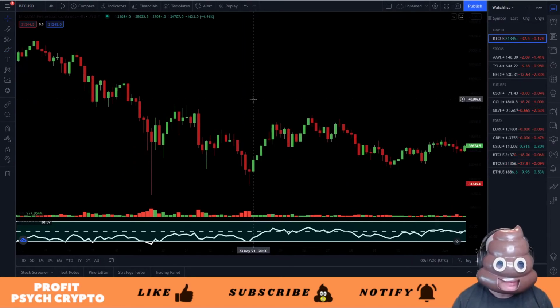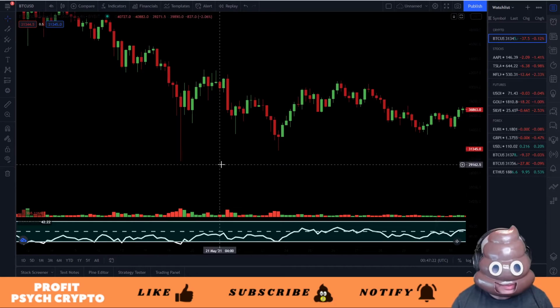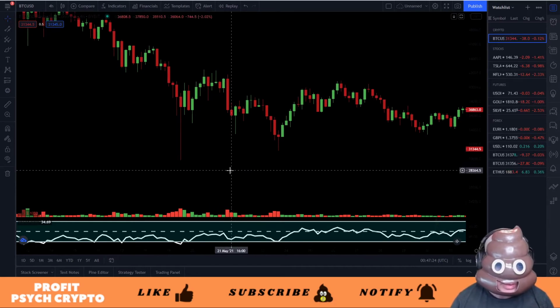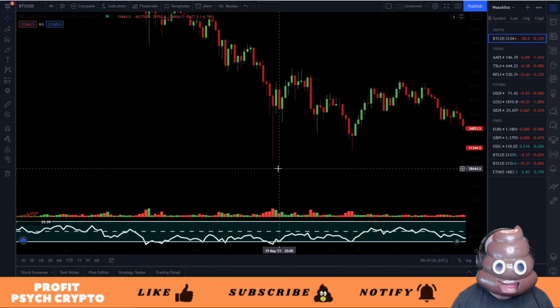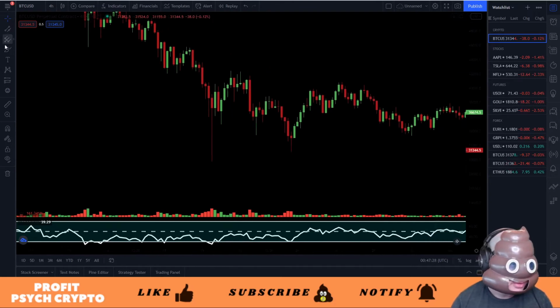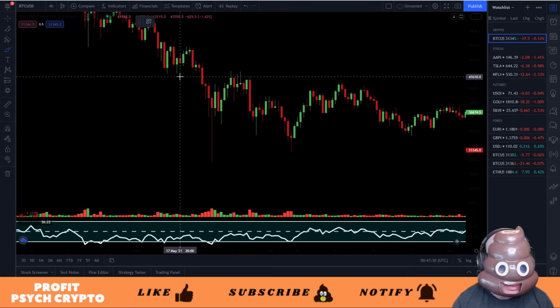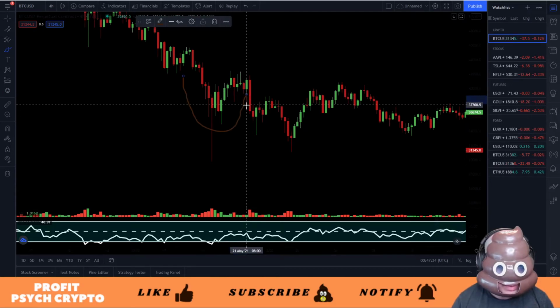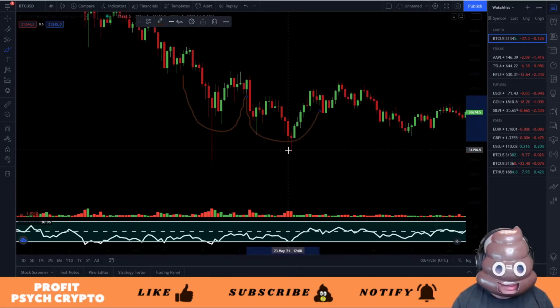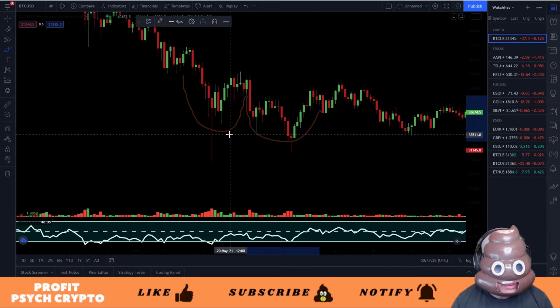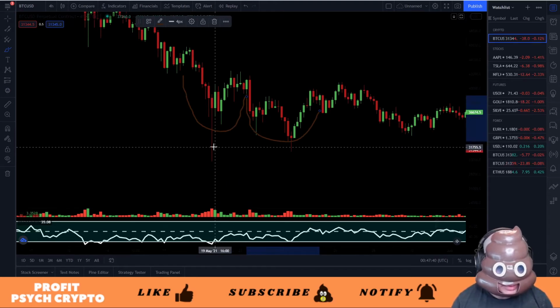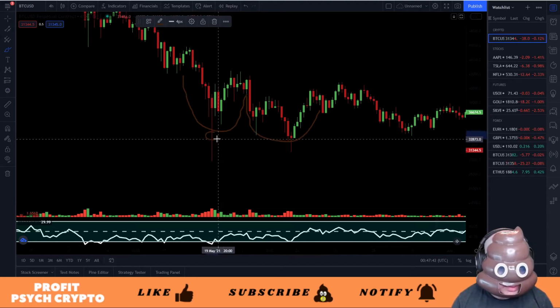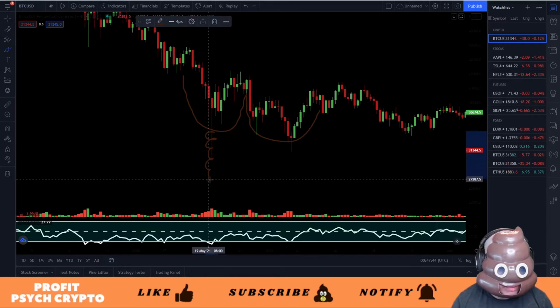Now, the first variation I want to cover with you is a variation where the B's form, as you can see on this chart, we have a pretty nice B forming here and here. But while the B's form, you notice that there were some hairy situations. You had wicks form right on the cup.